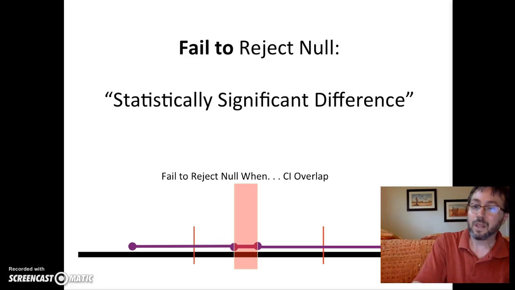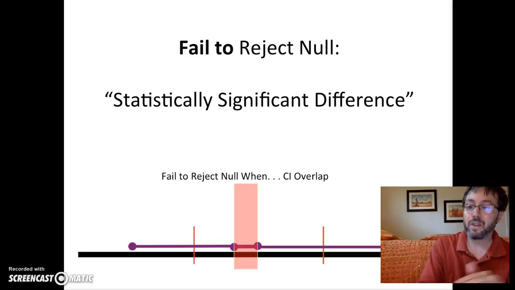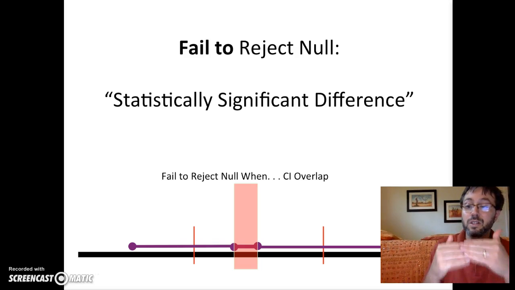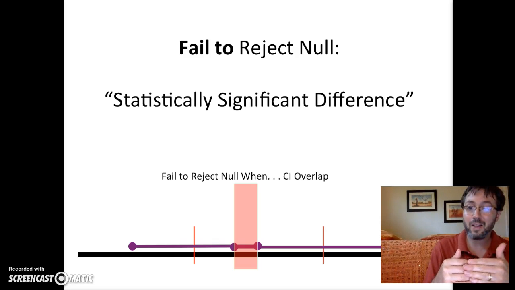Now, let's take the flip side of the coin. We would fail to reject the null hypothesis when the confidence intervals overlap. Because remember, the null hypothesis is there's no statistically significant difference between group A and group B. And so when group A and group B's confidence intervals overlap, we say that we can't tell if these groups are statistically significantly different.